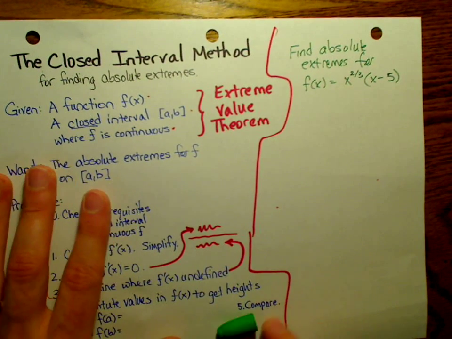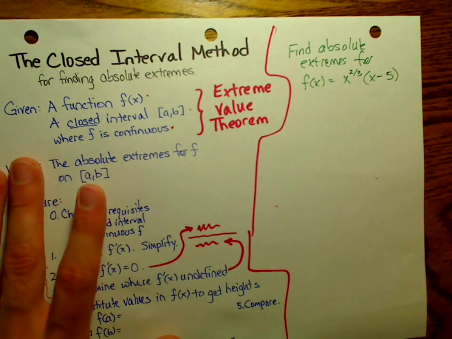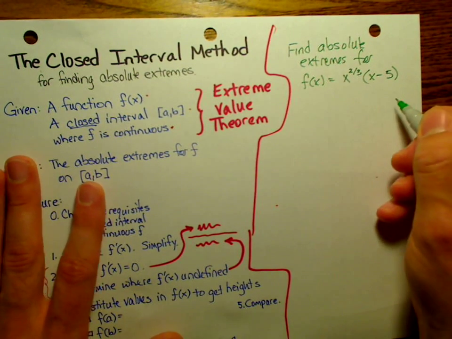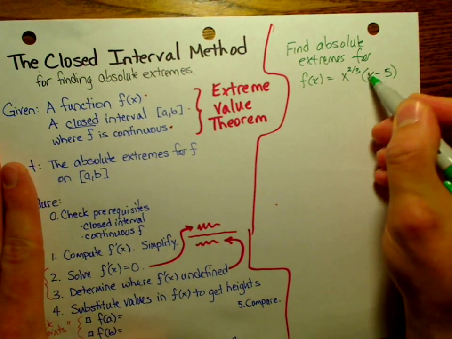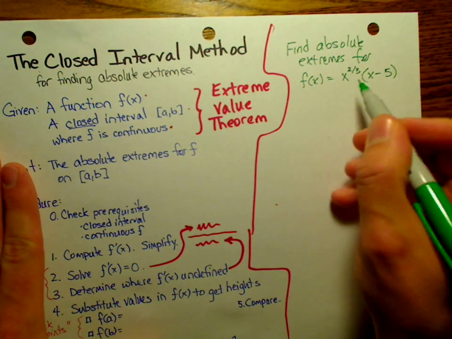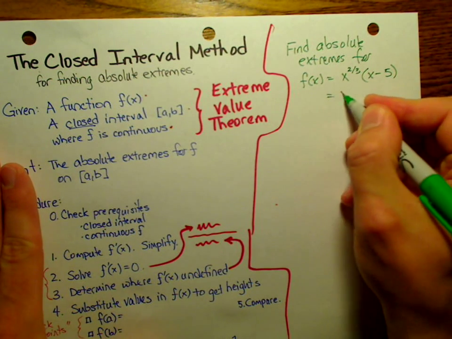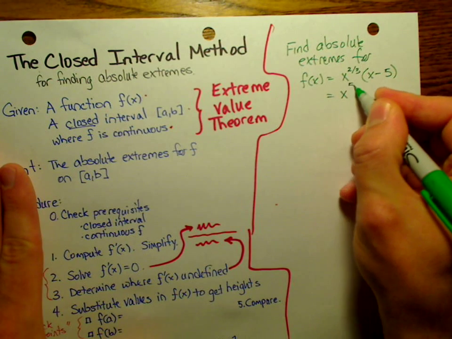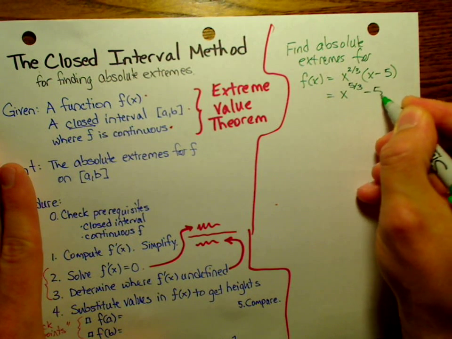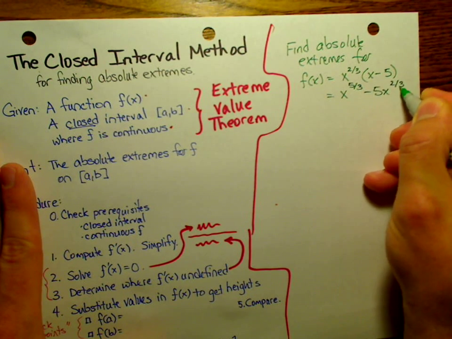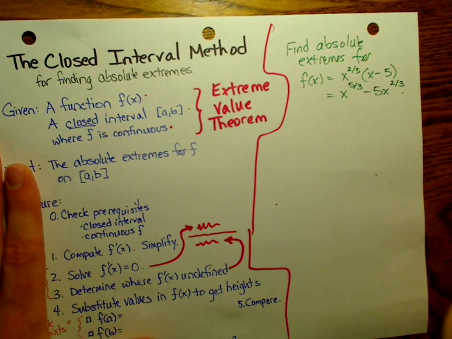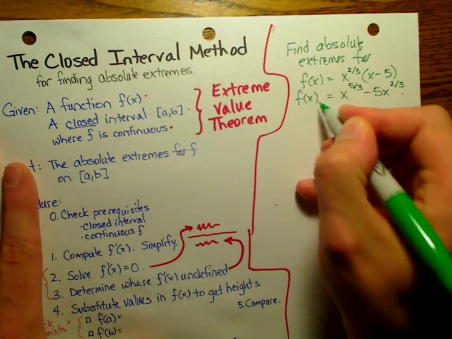This may come out nice, this may come out not nice, but it's a fairly typical kind of problem. If I want to go finding derivatives, since this is x minus 5 to the first power, it's actually going to be nicer to expand that out. So that's going to be x to the 5/3 minus 5x to the 2/3. There's my f of x.